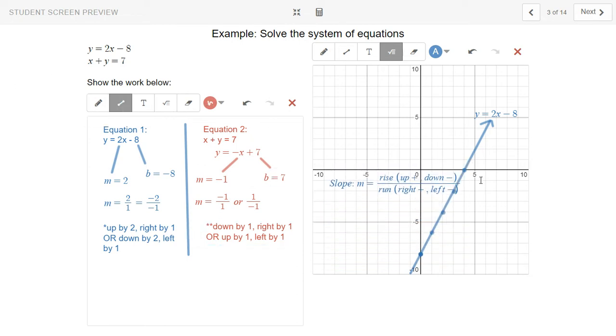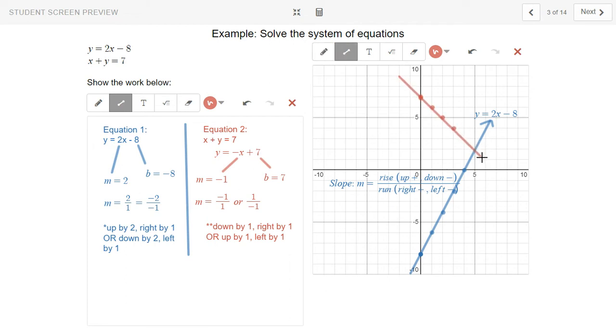Okay, let's draw our graph. So I'm plotting positive 7. Now I'm going down by 1 and to the right, down by 1 and to the right, down by 1, again to the right.